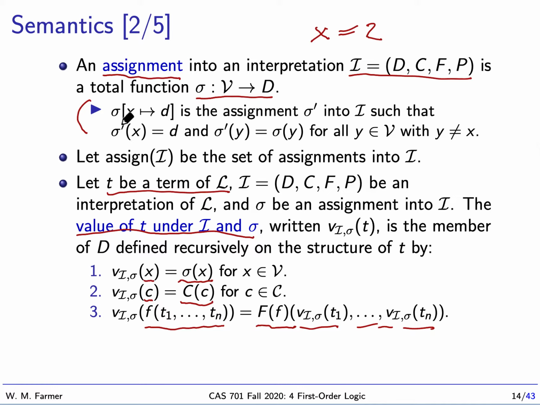So if sigma here is an assignment, then this is a different assignment, and we get that assignment by just modifying what sigma does in x. So the new assignment, sigma prime, what it does in x is it returns d. Otherwise, sigma prime works just like sigma.